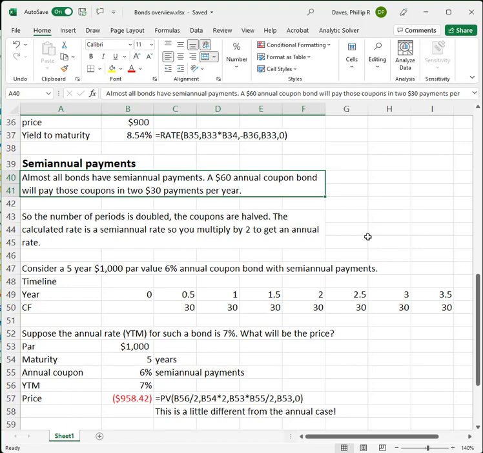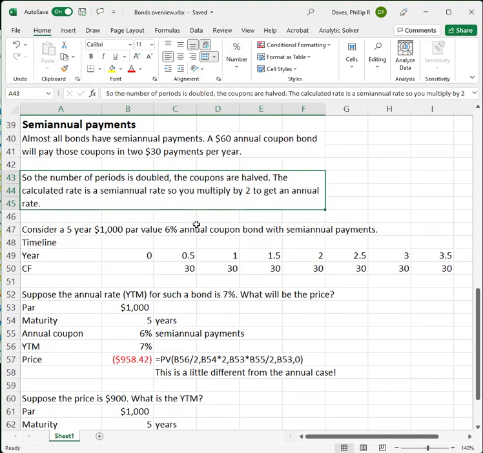And so when you're doing the calculations, that means that the number of periods is doubled in your calculation from 5 years in this case to 10 half years, and that the coupon rate and the yields to maturity and everything are halved in order to calculate the coupons, and you have to multiply by 2 in order to get the yield to maturity. So that's all very complicated.